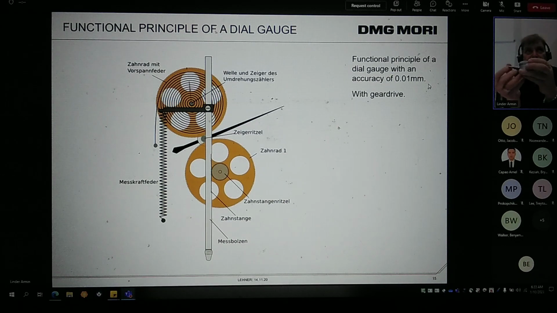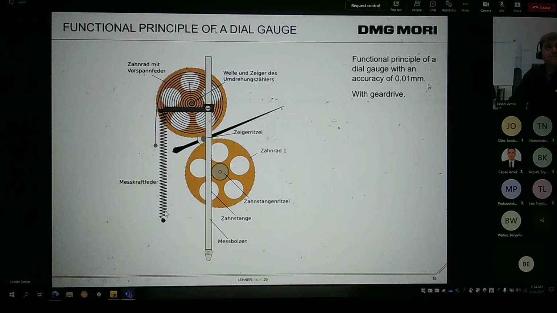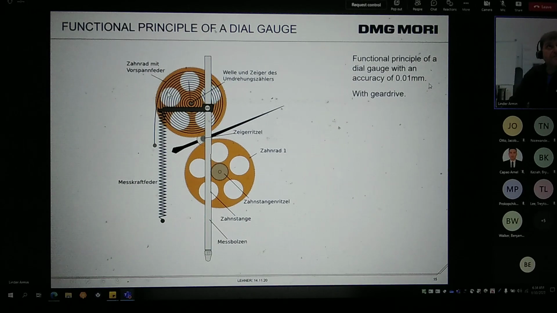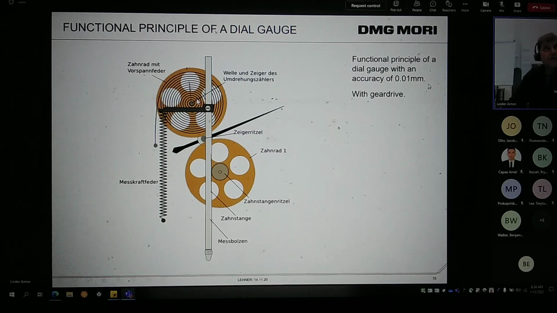It has a toothed shaft, we have two toothed wheels on the shaft, and then we have a pointer here, and at the other side we have a spring inside, one spring, and also a round spring. So that's normally the construction of that dial gauge.